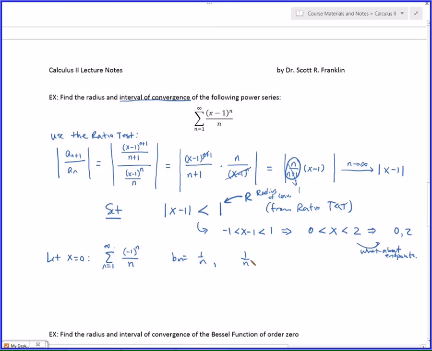1 over n. As n goes to infinity, what does that go to? The bottom goes to infinity, so it goes to 0. It's 1 over a bigger and bigger number, 1/2, 1/3, 1/4, 1/5, 1/8, 1/10. It's a p series if there's no negative 1 up here, right? In fact, what I'm saying here is that because of the negative 1, the alternating series test says all you have to check is, does it decrease and does it go to 0?